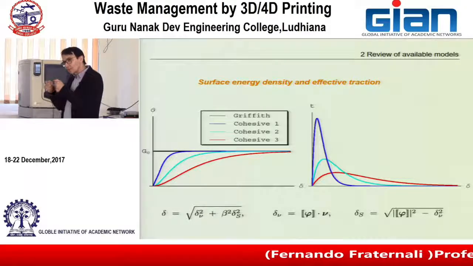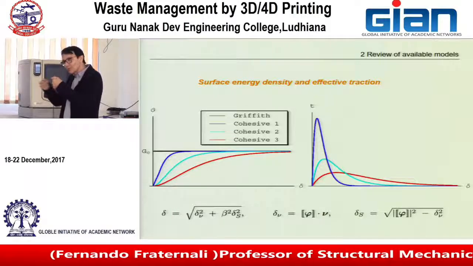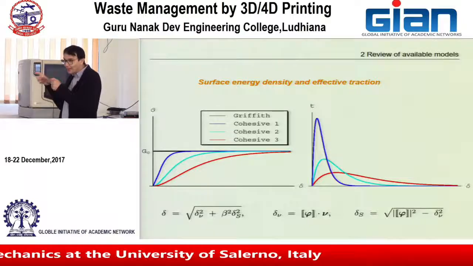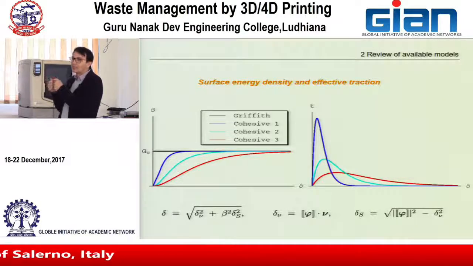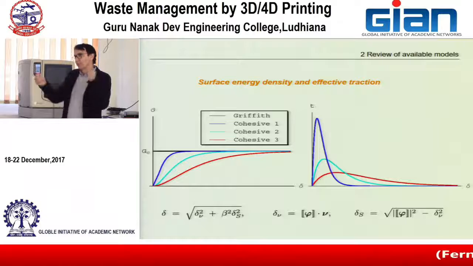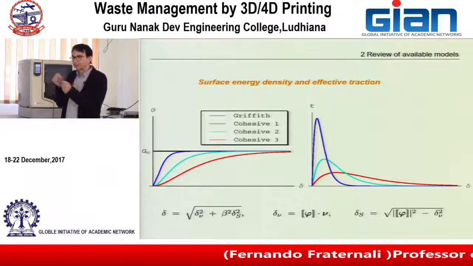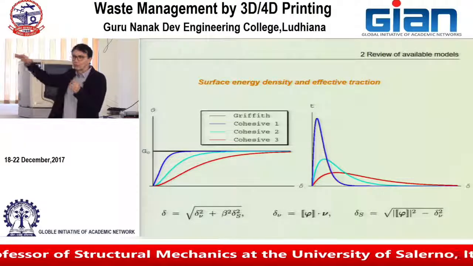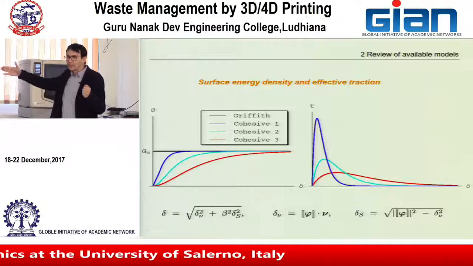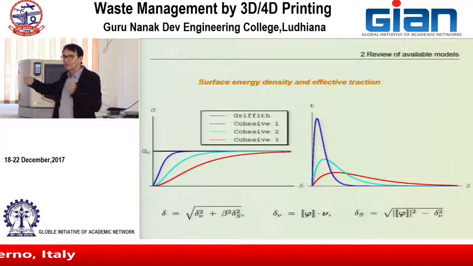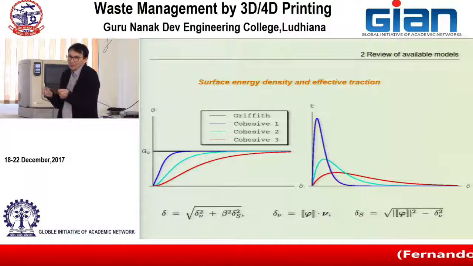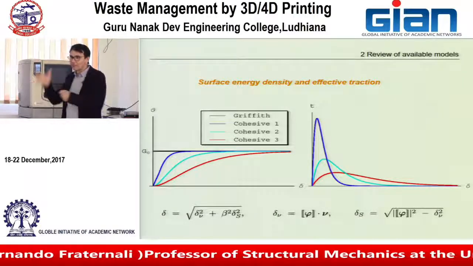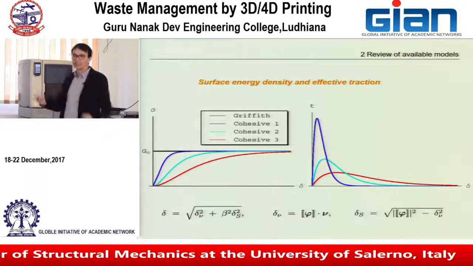So you have to provide additional energy to open, and the energy depends on the crack opening, until you get to the plateau in which you break the bonds, and so you go back to the brittle case in which the energy does not depend anymore on the crack opening displacement. Up to a given displacement, it depends on the crack opening. Then it becomes a constant because you have broken the bonds. This is the cohesive fracture.